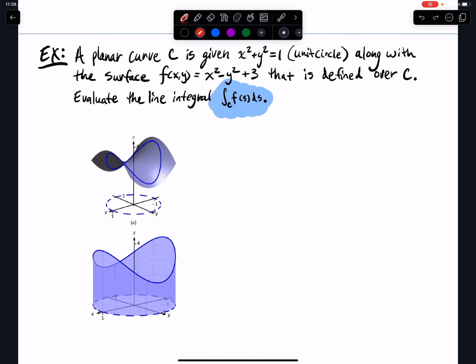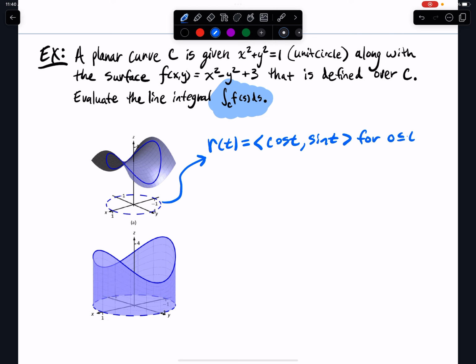So can we parameterize the circle? I think so. It's a unit circle, so to parameterize, r of t is just cosine t, sine t, for t between 0 and 2 pi. That's it. Okay?